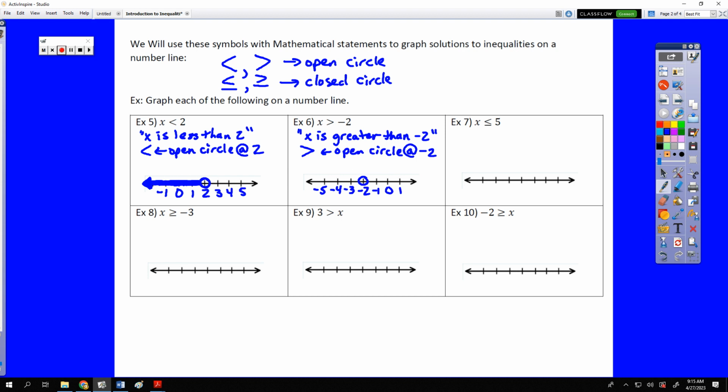Now this time, it says x is greater than negative 2. So instead of shading to the left, which is less than, we're going to shade to the right, which is greater than. That's all there is to this. This should be very, very simple. Shade in, and don't forget to shade in the arrowhead, nice and dark.